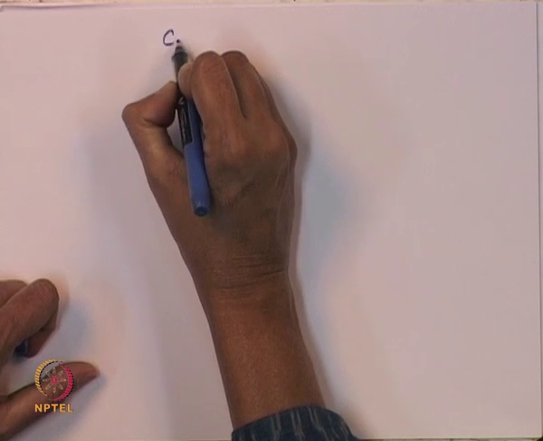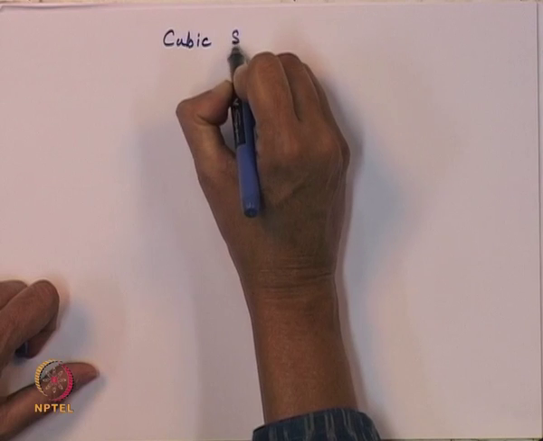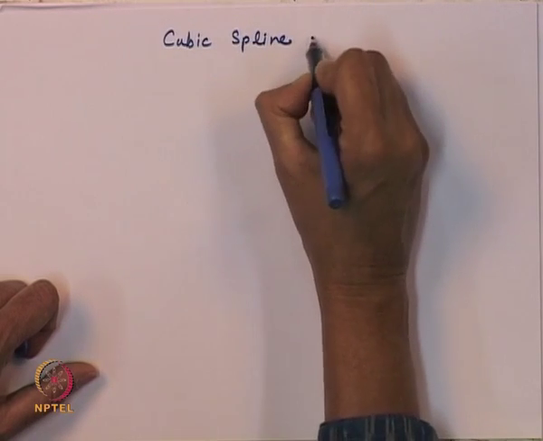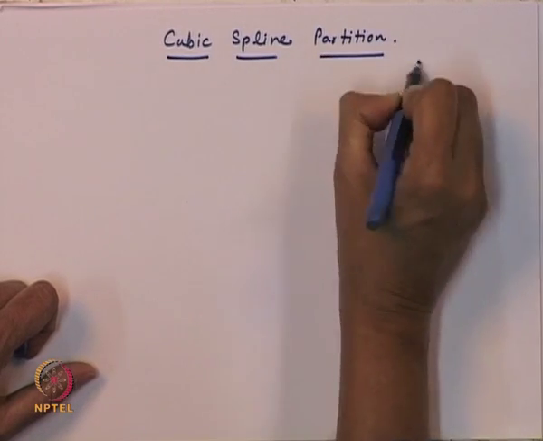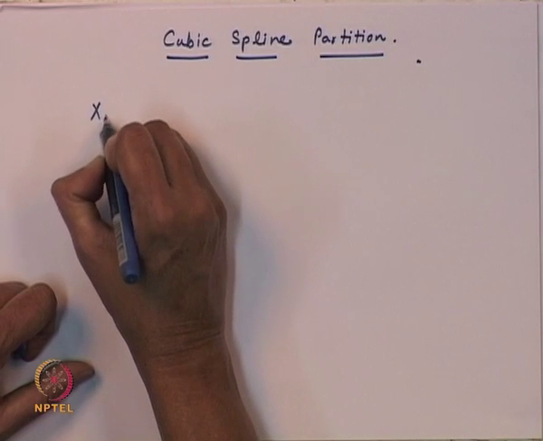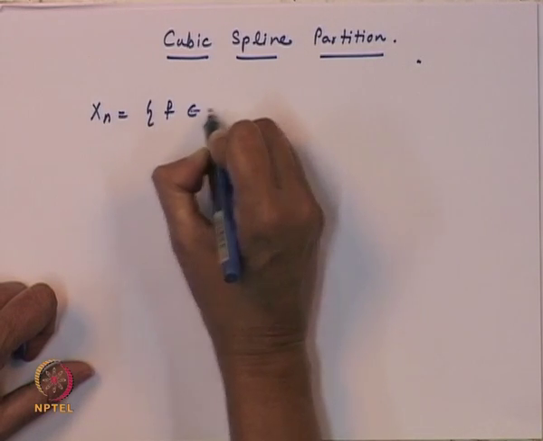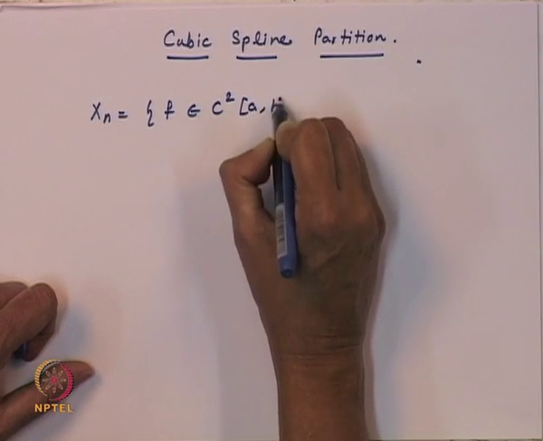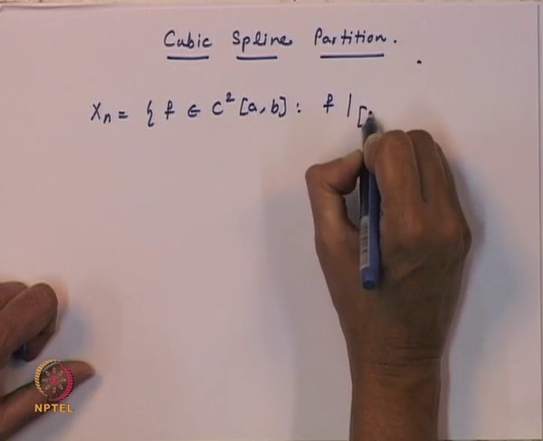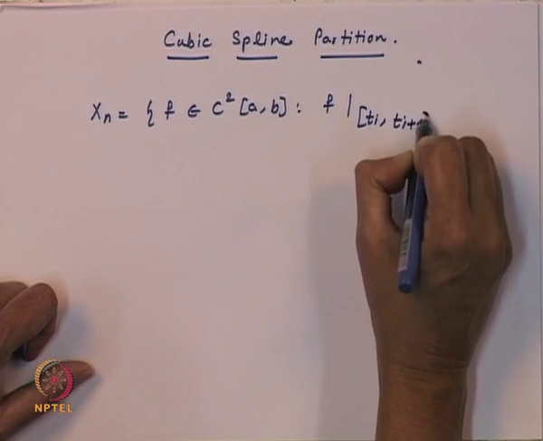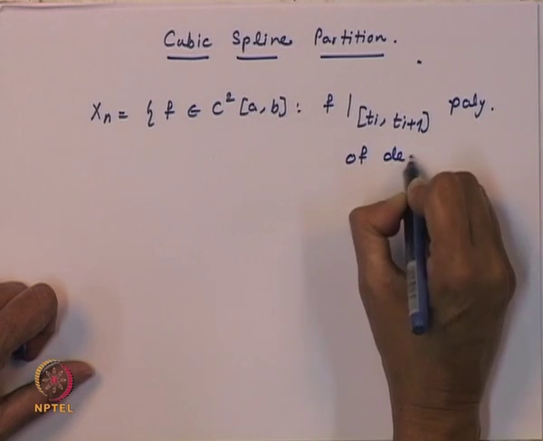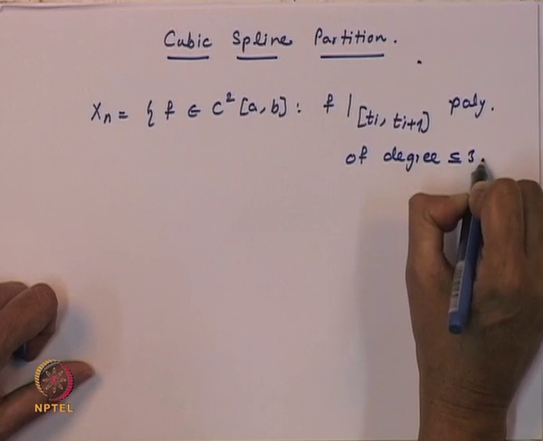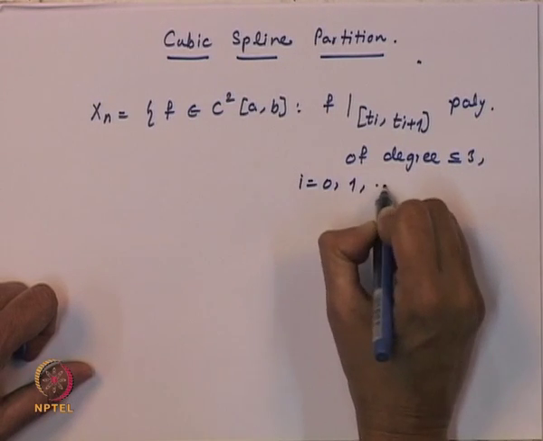Now, in case of cubic spline interpolation, look at, as before, the uniform partition, and look at the space X n to be the set of all f belonging to C2 [a, b] such that f restricted to [t i, t i plus 1] is a polynomial of degree less than or equal to 3, i equal to 0, 1 up to n minus 1.